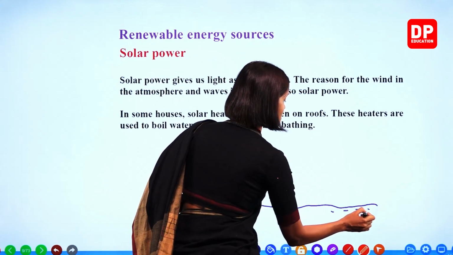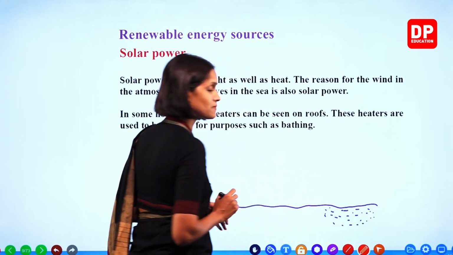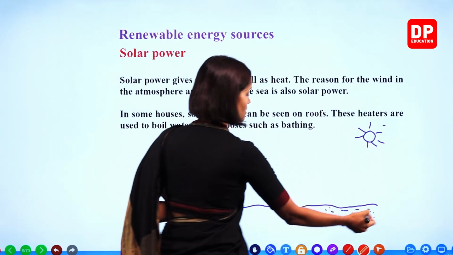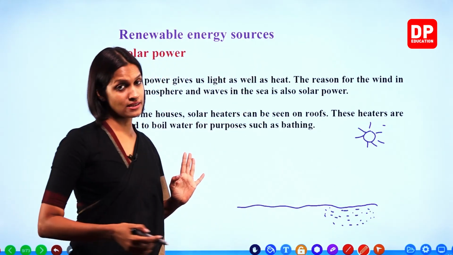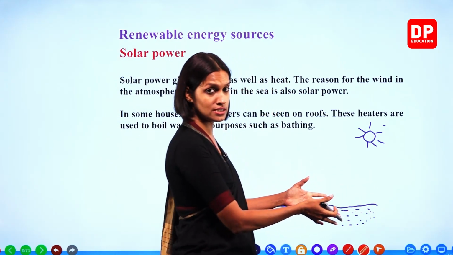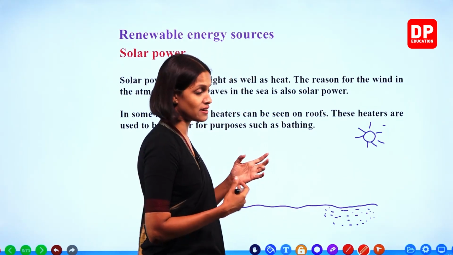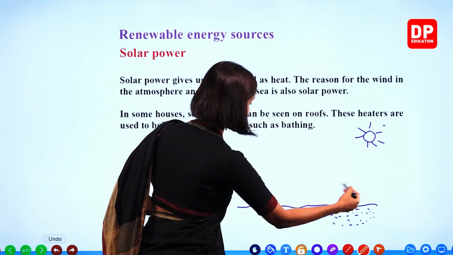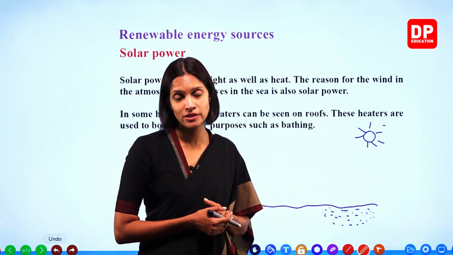If this part gets heated up, then what happens? The temperature increases, right? That particular part gets heated up faster than the other areas. Then what happens? Because of this heat of the earth, the adjacent air layers absorb this heat, and the air layer next to the earth also gets heated up.